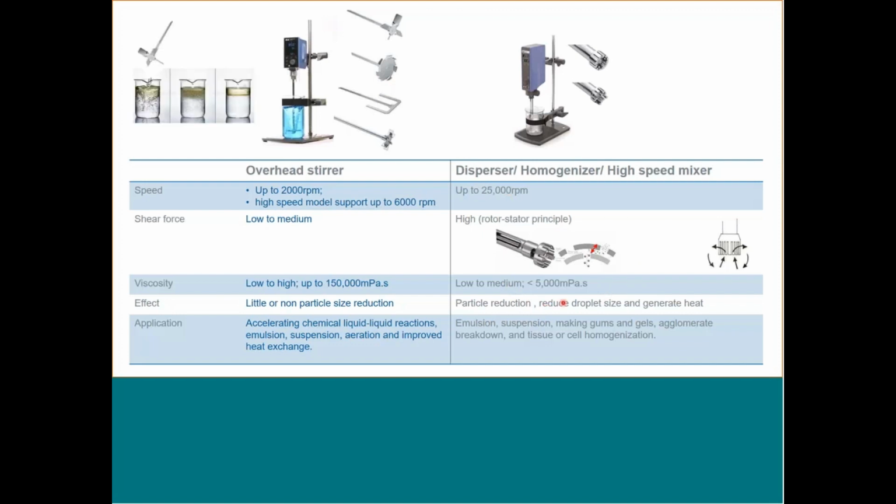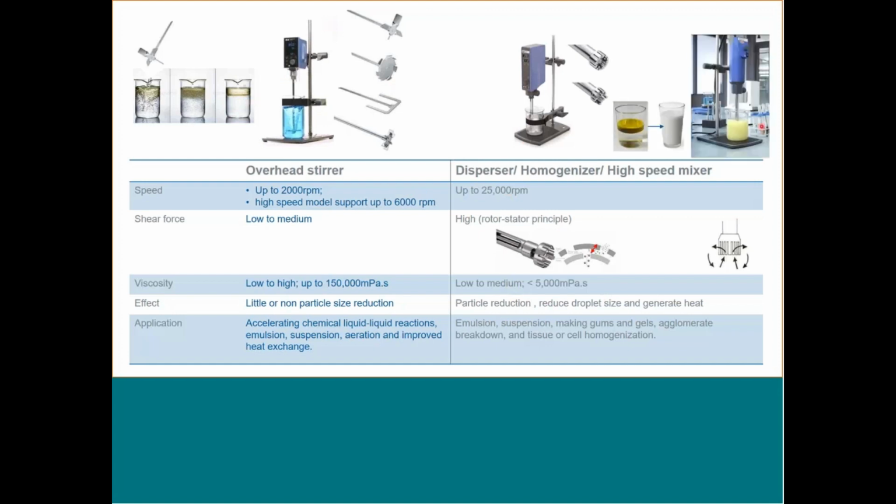So if, let's say, we want to mix immiscible solvents together, like water and oil, no matter how fast or how long we mix, we are unable to mix water and oil together. In this case, we will require a homogenizer to reduce the droplets of the oil molecule and water molecule to make an emulsion.